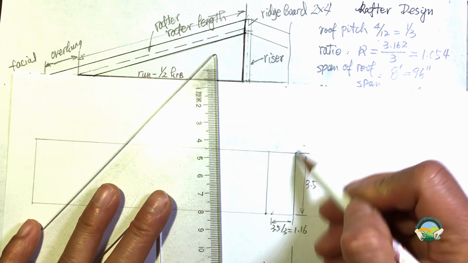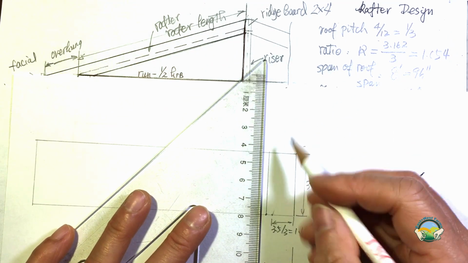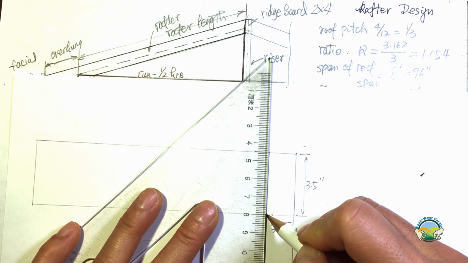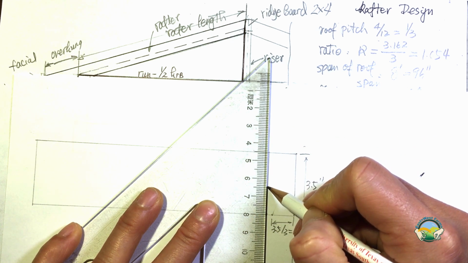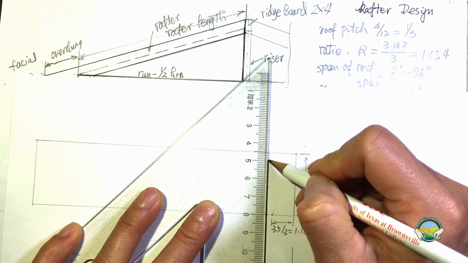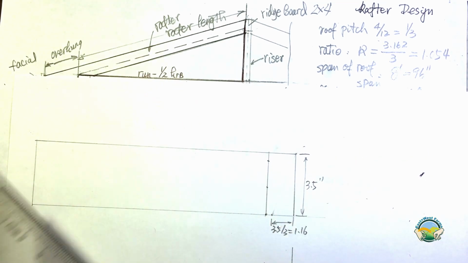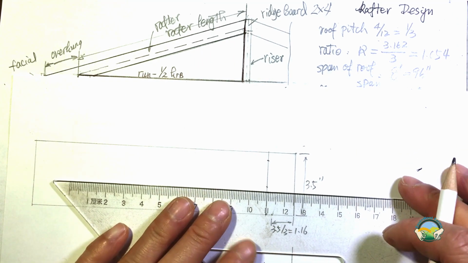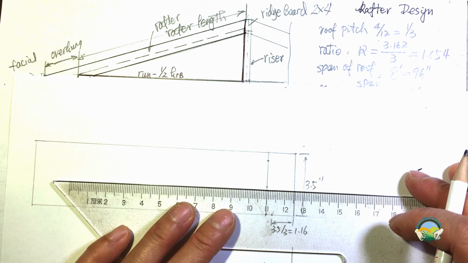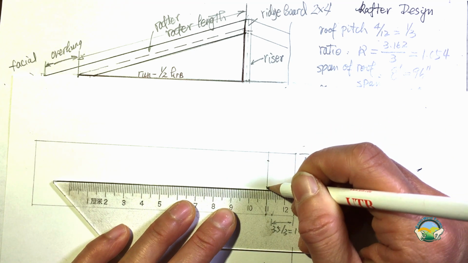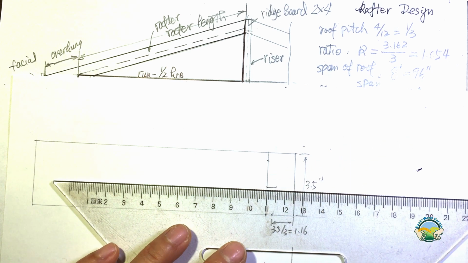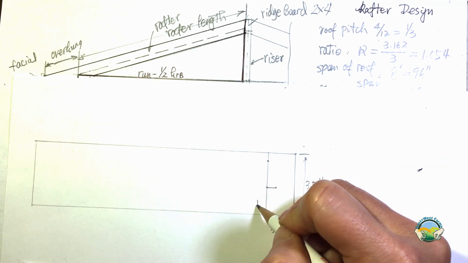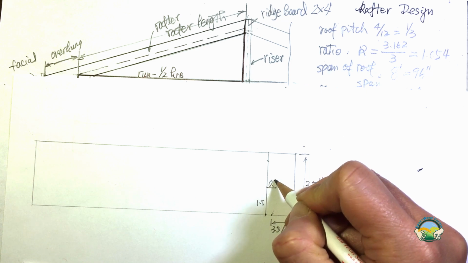Then I need to define that plumb line. From that, you draw a 1.5 inch mark and a 3 inch mark over there. Then from the 1.5, you draw a perpendicular line with a length of 0.5. So this is 1.5 and this is 0.5.